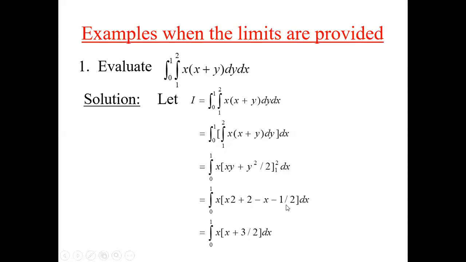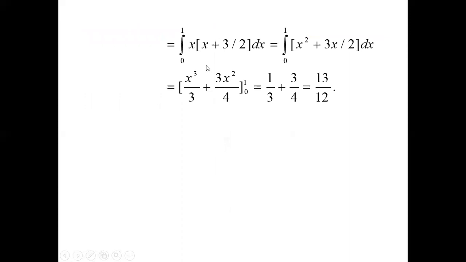Simplify this: 2x minus x is equal to x. Then 2 minus half is plus 3 by 2 into x. So that is integration from 0 to 1 of x into (x plus 3 by 2) dx.